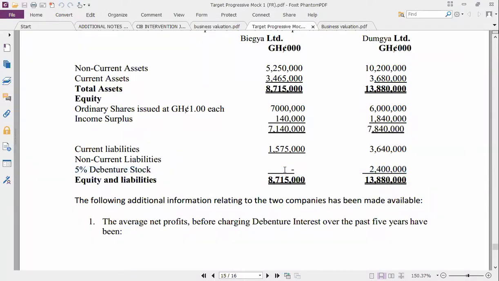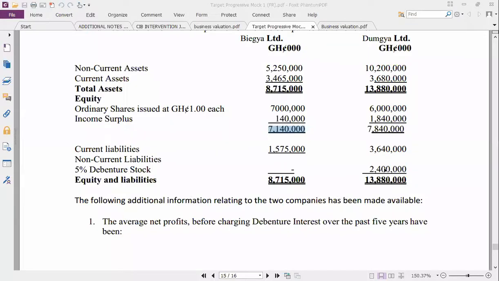It means that the capital employed is only the equity. So Bija is an ungeared company. It does not have a debt. When we talk about debt, it's non-current liability. Bija does not have non-current liability. So their capital employed will be only the equity. You don't have debt. So 7140,000.